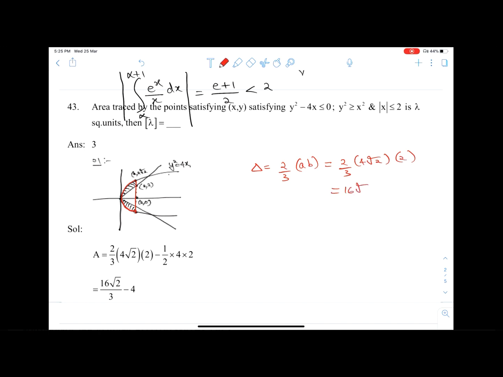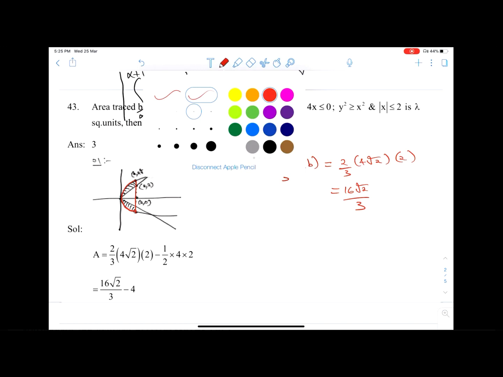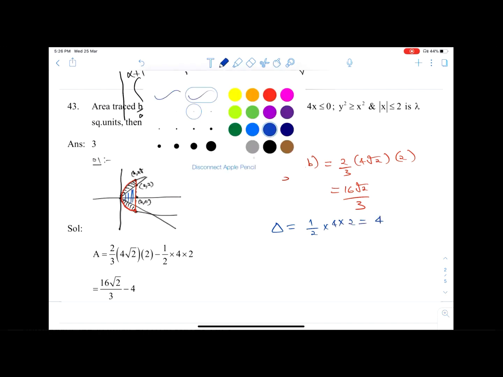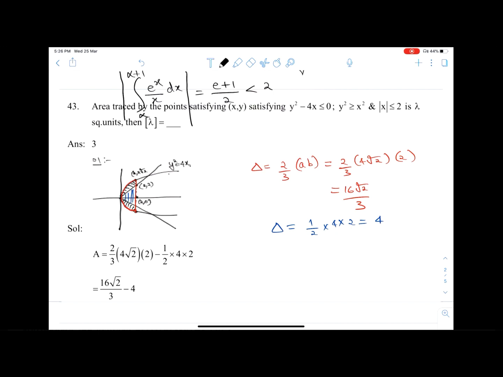This will be 16 root 2 by 3 minus this area, the blue part which I have drawn. That area will be nothing but half into 4 into 2, which is nothing but 4. So the overall area will be this part minus this area. I am getting it as 16 root 2 by 3 minus 4. If you find the integer part, you will get it as 3.